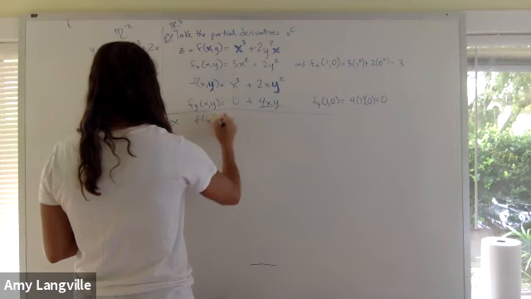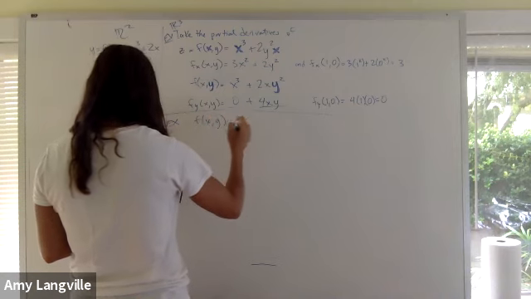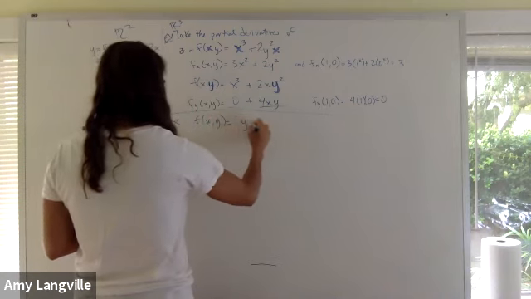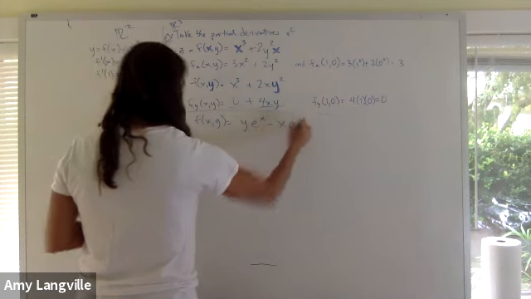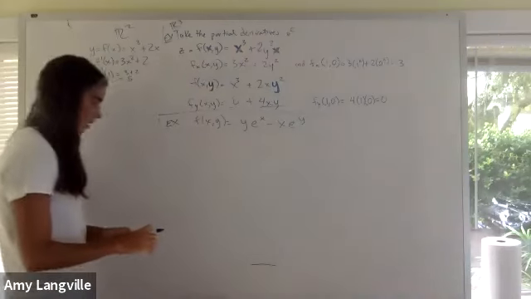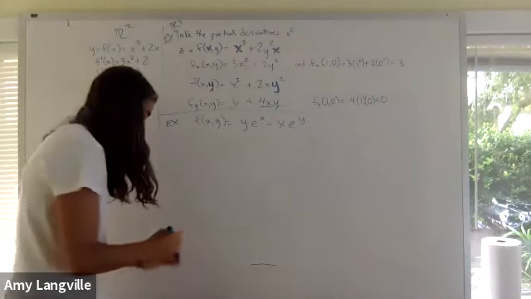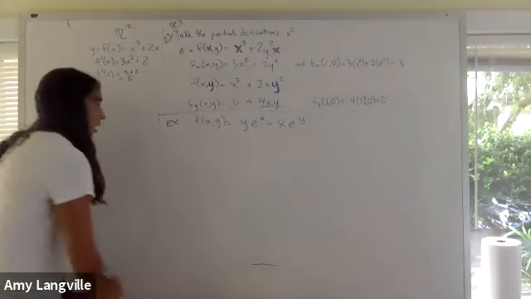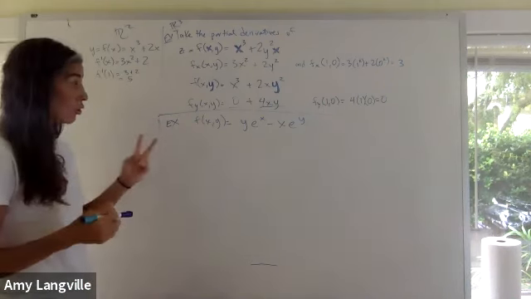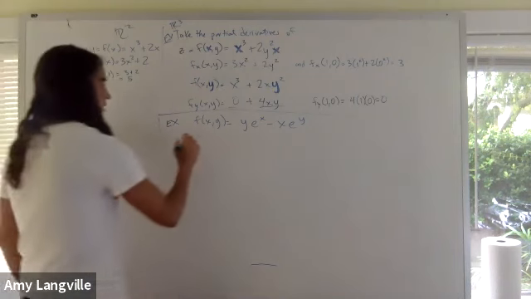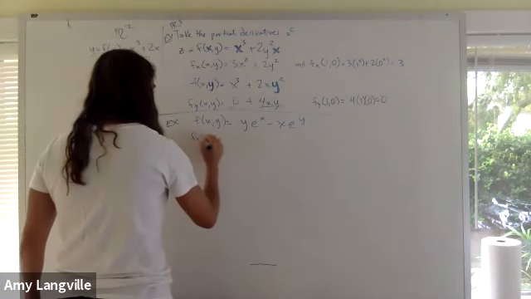F of xy, so again, an R3 function with 2 independent variables, y e to the x minus x e to the y. Same instructions, take the partials. There are 2 partials, so we'll have f sub x that we want to get.